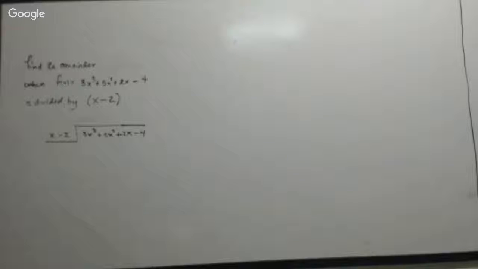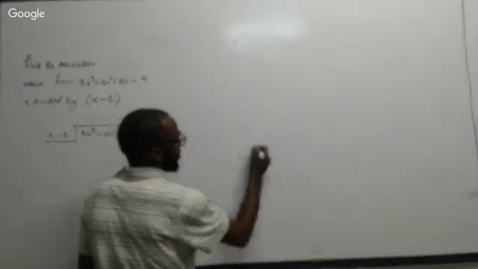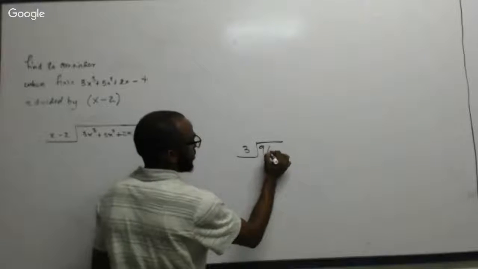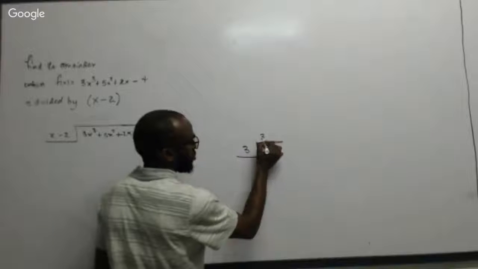Did you do synthetic division in here? When you actually write it, instead of doing a long division, the long division was like 3 into 9, and 3 into 3 was 3.